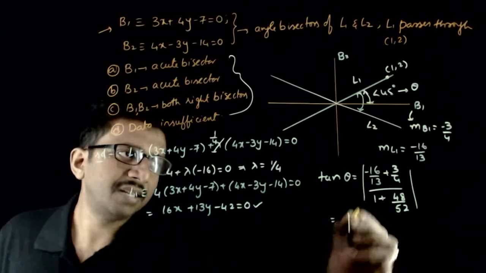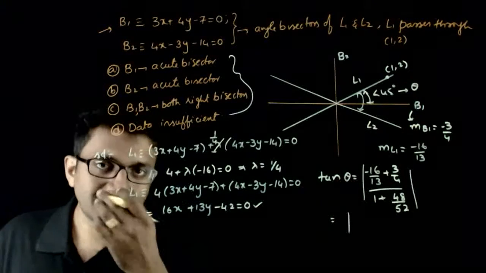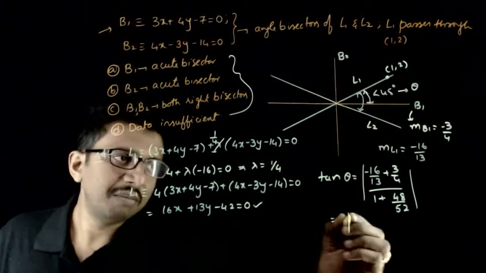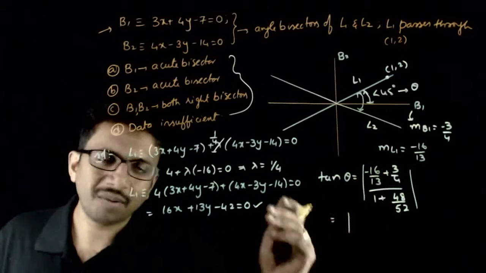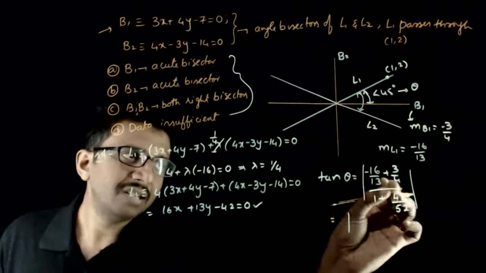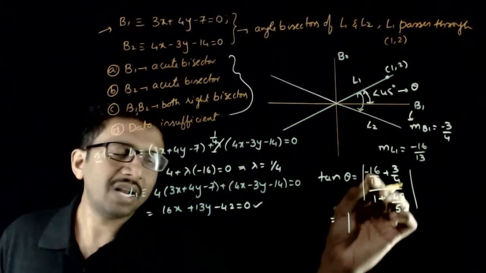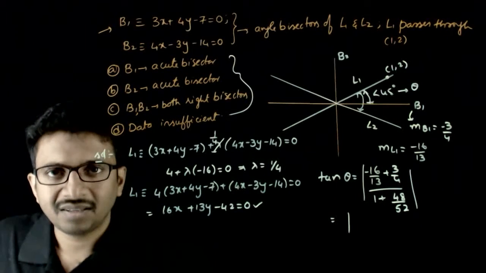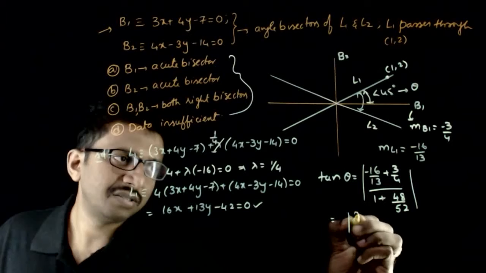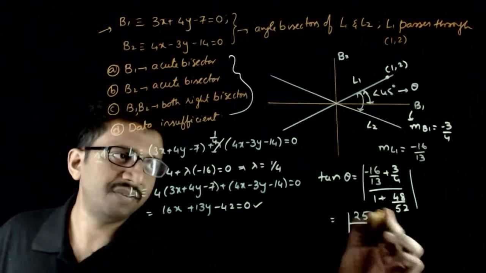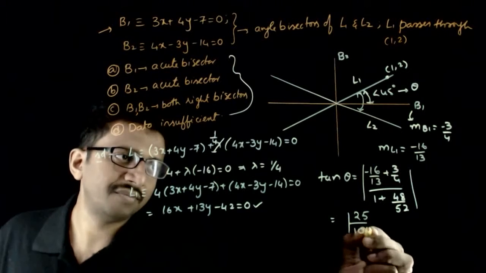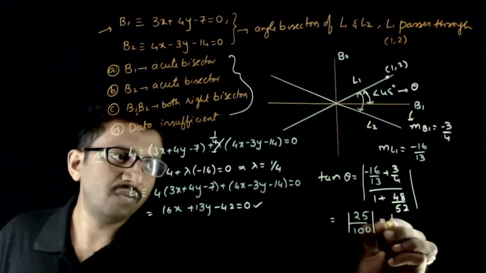If you take the LCM, you get -64 + 39. Since we are taking the mod, the minus doesn't matter, so effectively 64 - 39, that is 25, divided by (52 + 48)/52, which is 100. That is equal to 1/4.